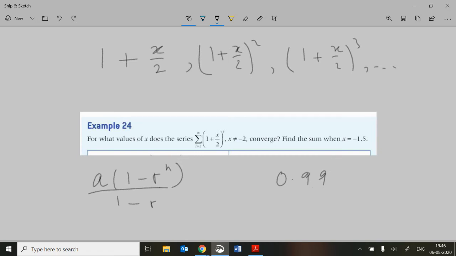That's the case as long as r is less than 1 and bigger than minus 1. But as soon as we go above that, if we say 1.1 to the power of 100, that gets larger. If we do 1 to the power of 100, we're going to get 1 at the end, so that stays the same.